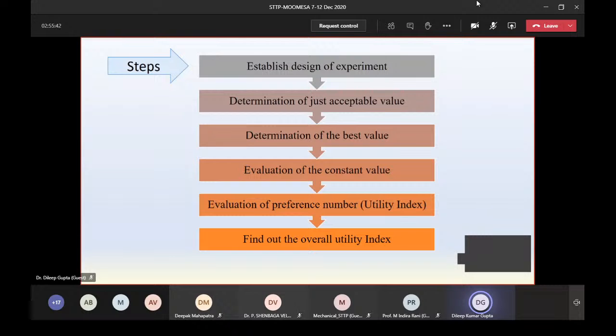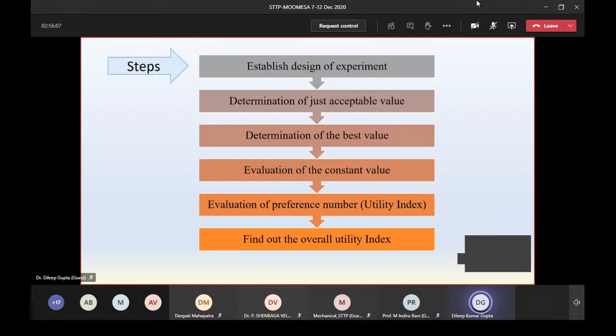Once you calculate the value of a for each criterion, we will go on to evaluate the preference number or utility index. Once you find the utility index and preference number, we will find the overall utility index, and finally we will rank the data.